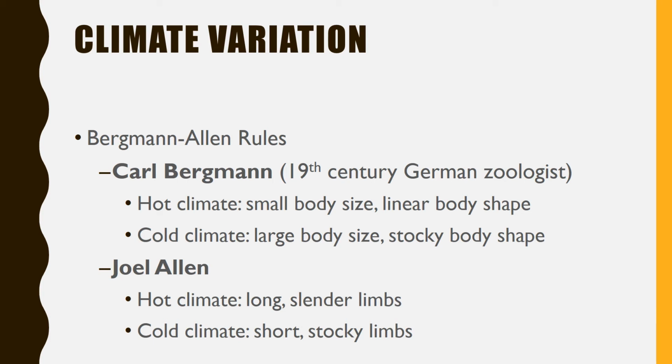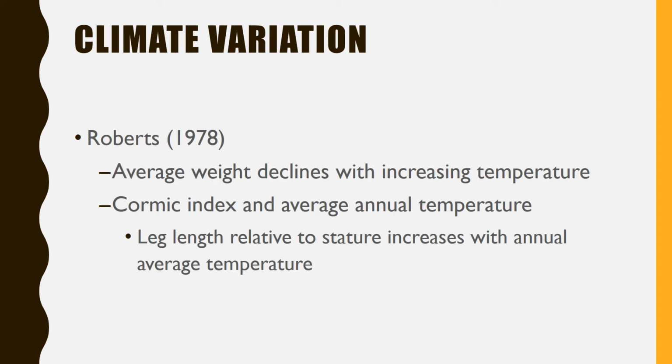So these two observations have become known together as the Bergmann-Allen rules. In general, these rules apply to humans, and I say in general because there are other factors that can influence population averages. But in general, the Bergmann-Allen rules apply to humans.